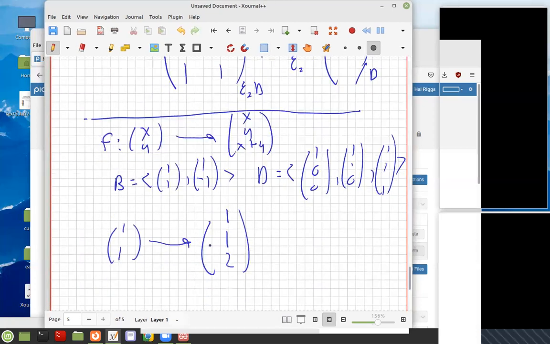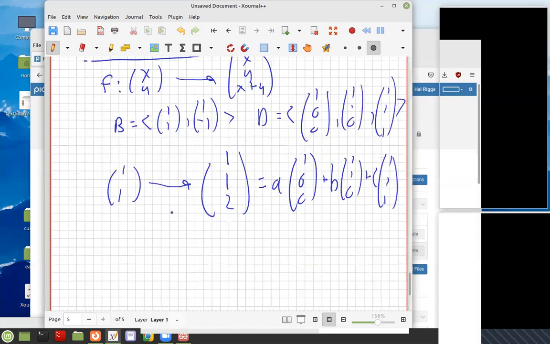This is in the standard basis, so I have to put this into A (1, 0, 0) plus B (1, 1, 0) plus C (1, 1, 1). And that's going to correspond to solving the linear system with rows 1, 1, 1, 0, 1, 1, 0, 0, 1, and constants 1, 1, 2.